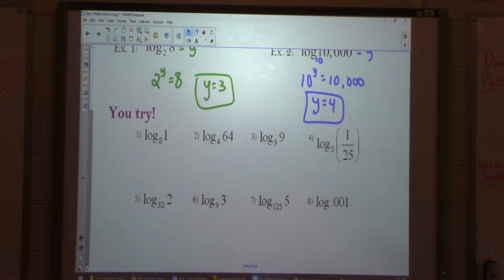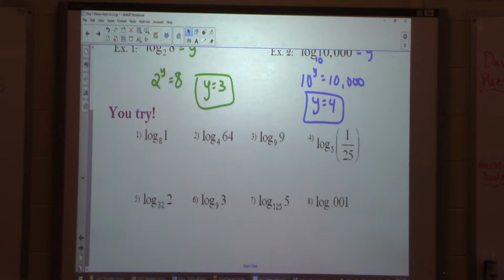Guess and check, 8 to what power? So I guess one thing, anything to what power equals 1? Any number to what power equals 1? Any number, there's a certain power. If you raise any number to a certain power, it's always going to be 1. Talked about this last unit. We'll keep trying these. Try those two at least.